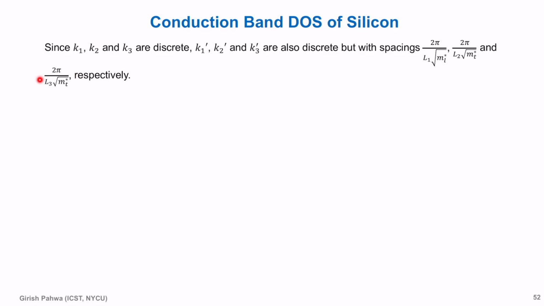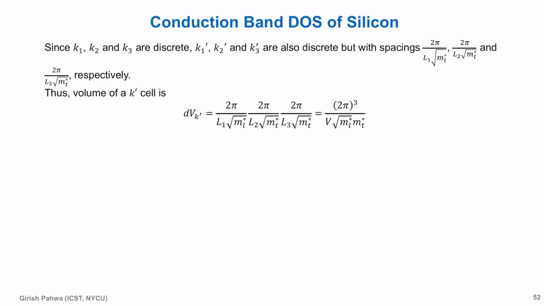Now you can multiply these three and you will get the volume of the small cuboid corresponding to one k dash point. And I know that one k dash point uniquely corresponds to one k point, because you have simply divided k1, k2 and k3 by some numbers. So one k dash corresponds to one k point. So there is still a one-to-one equivalence.